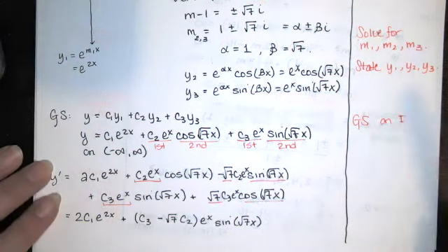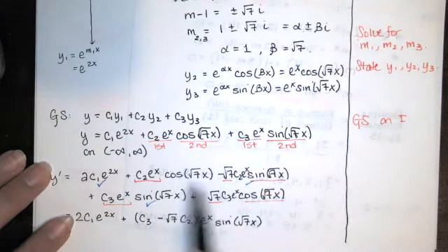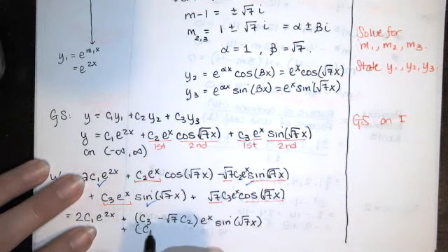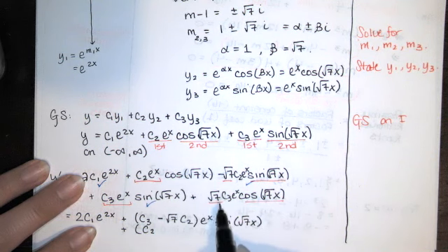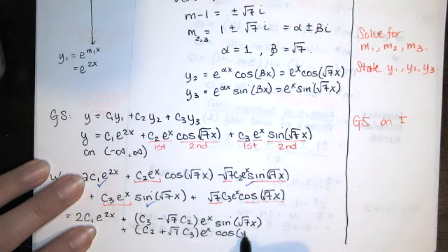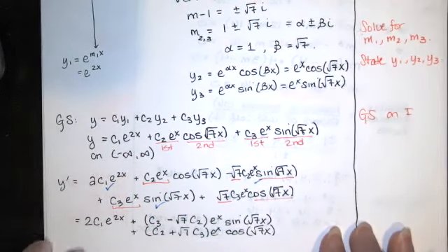That's taking care of these guys. And now we want to group the cosine terms. For the cosines, we have c2 times this exponential times cosine plus square root of 7 times c3 times the exponential times cosine. Okay, that's a lot, but that is our y prime.